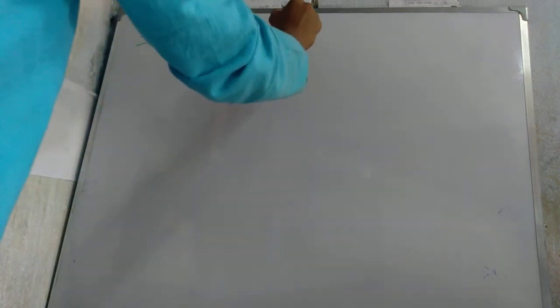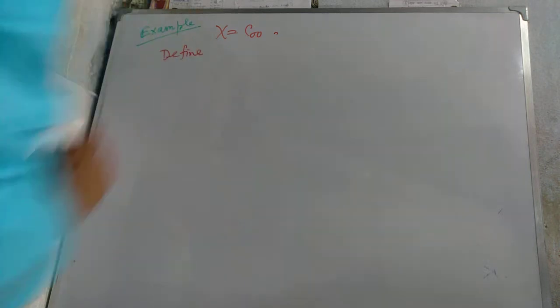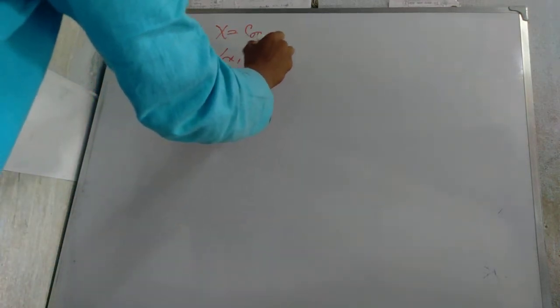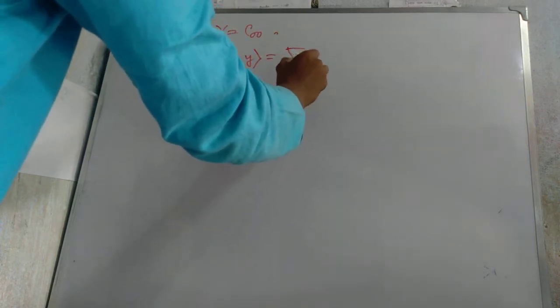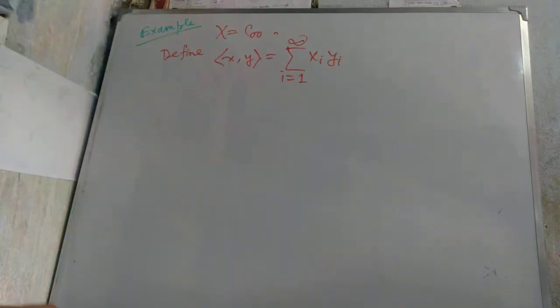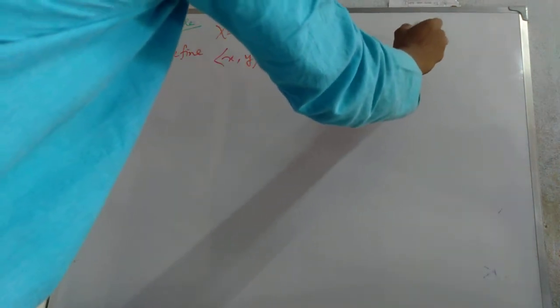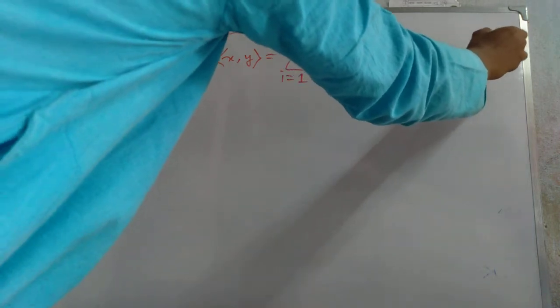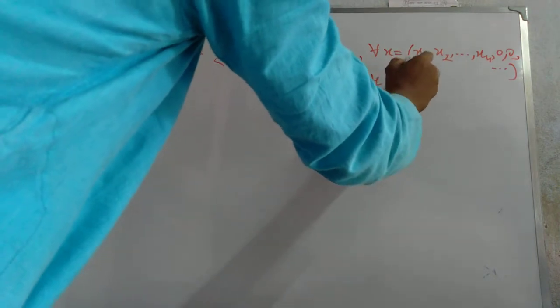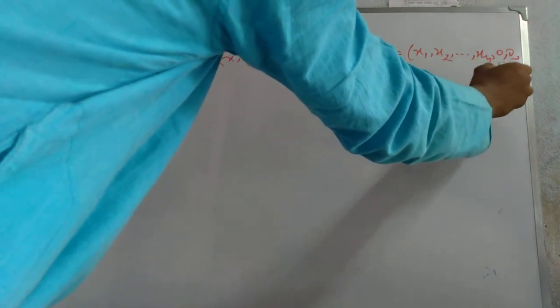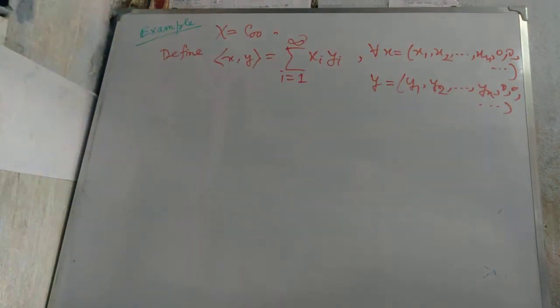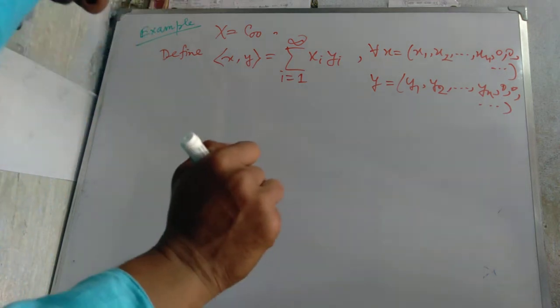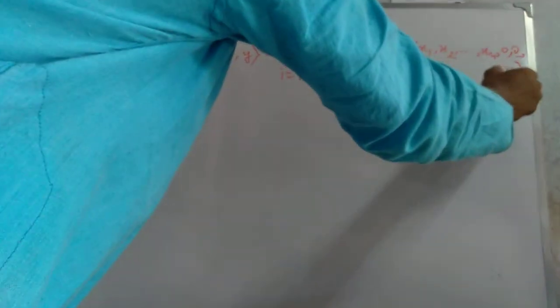Just write X equal to c00 and define the inner product of x and y equal to the summation i equal to 1 to infinity x_i y_i, for all x equal to (x1, x2, ..., xn, 0, 0, ...) and y equal to (y1, y2, ..., yn, 0, 0, ...). Writing y_n or y_i is not a problem at all.